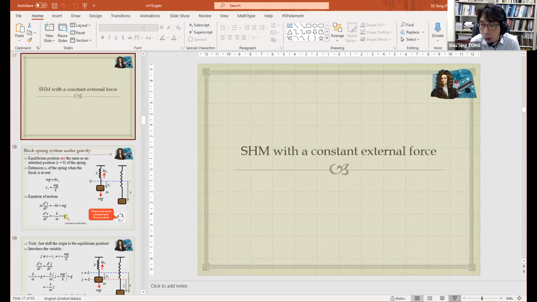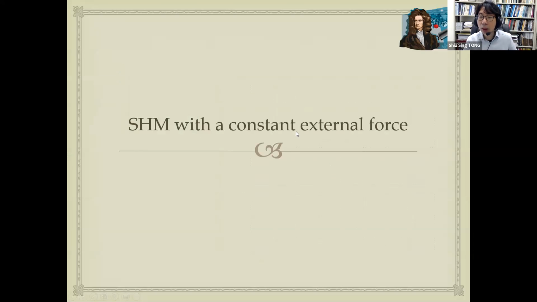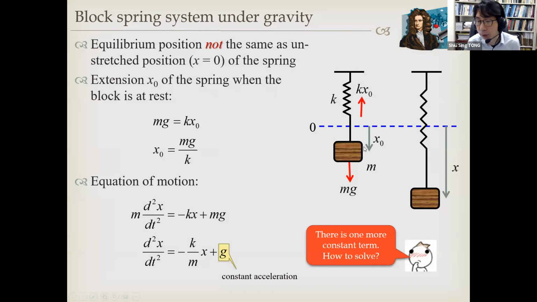Now, we discuss SHM with a constant external force. The constant external force is, of course, gravity. So this is the situation now. The mass is subjected to a gravity force of mg, which is its weight, and it's also subjected to a force due to the spring, which in this figure is in the upward direction. Now consider the mass at rest.